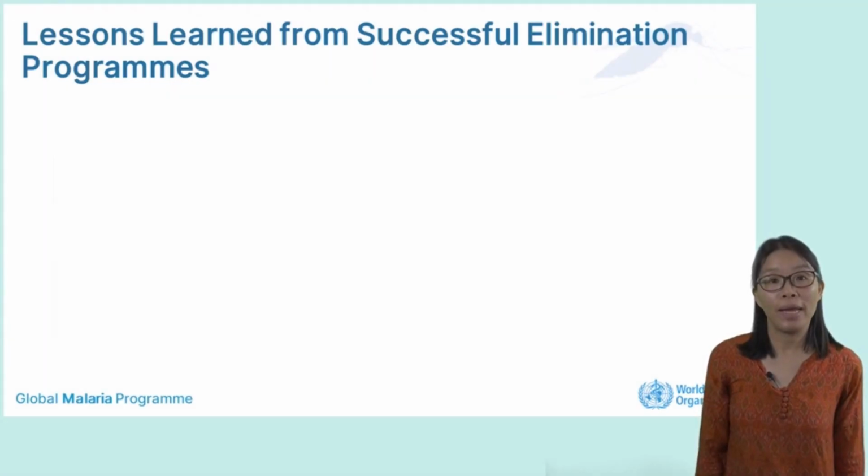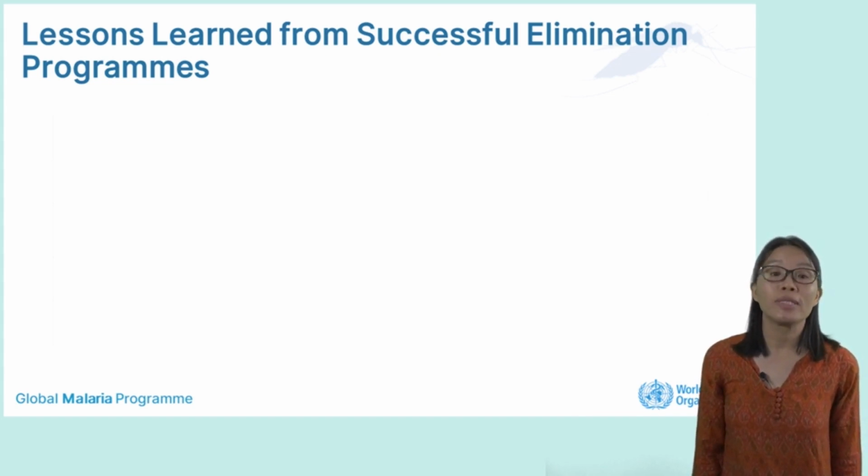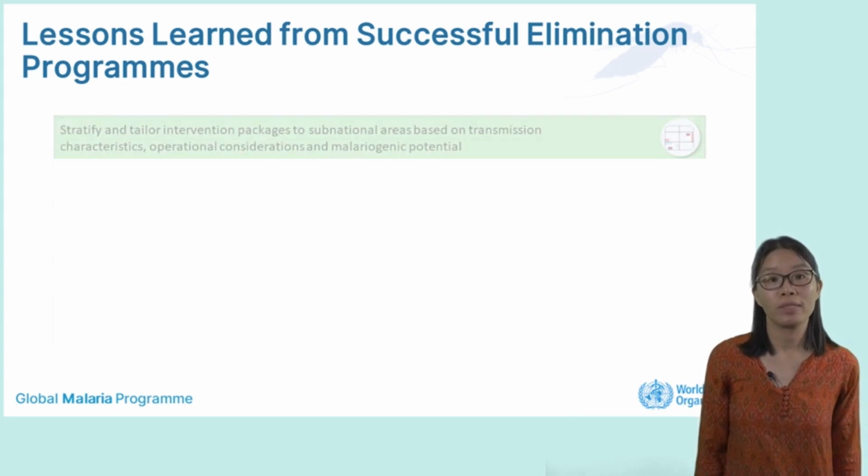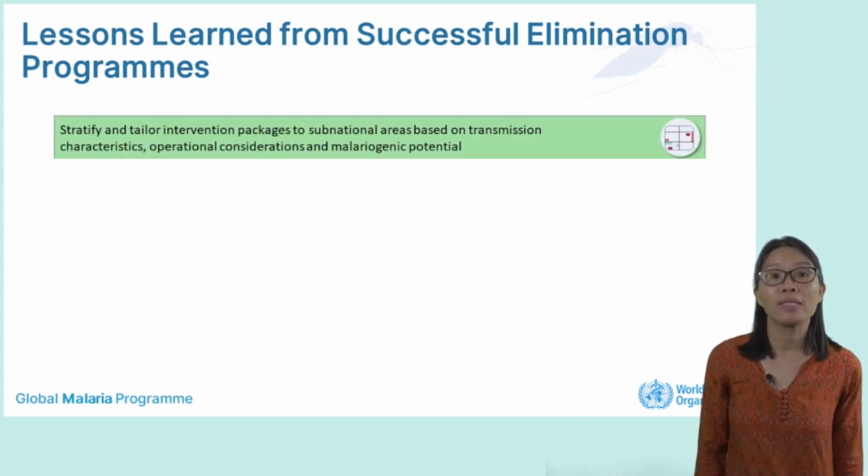Accelerating towards malaria elimination requires a specific mindset along with some key strategies and approaches. Here are some important lessons learned from successful elimination programs. Stratifying countries by subnational areas according to their transmission characteristics, operational considerations, and malariogenic potential enables tailoring of appropriate intervention packages.